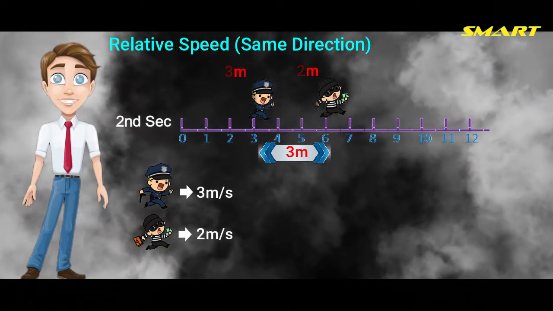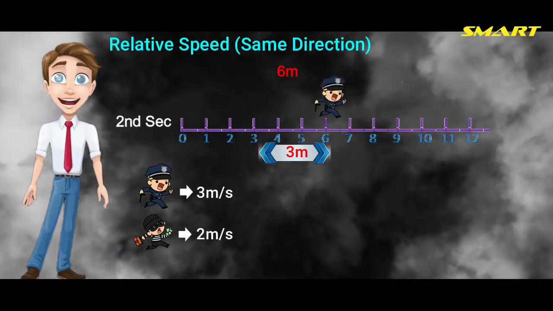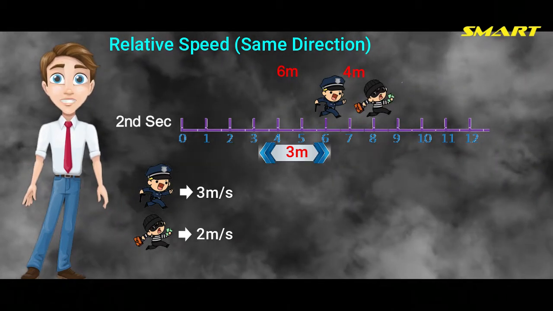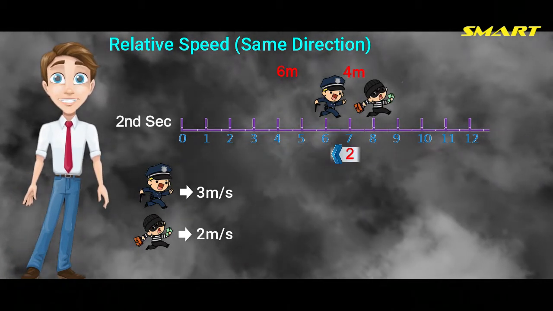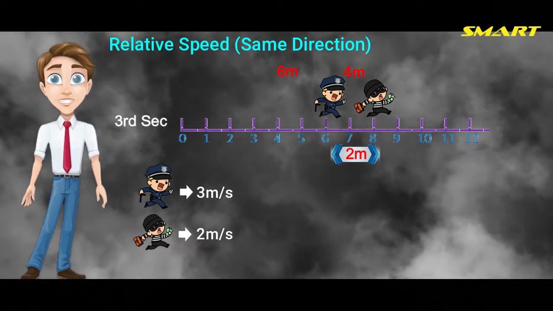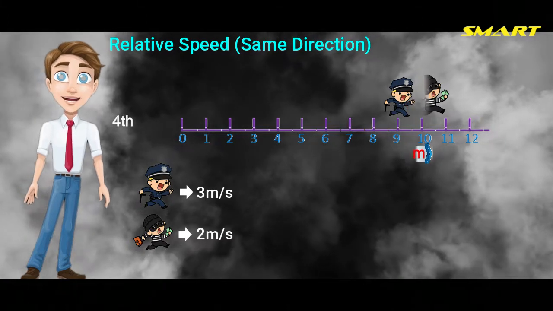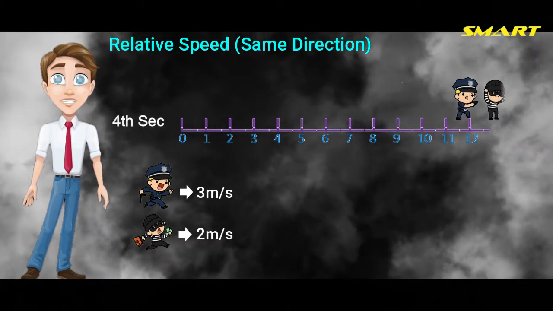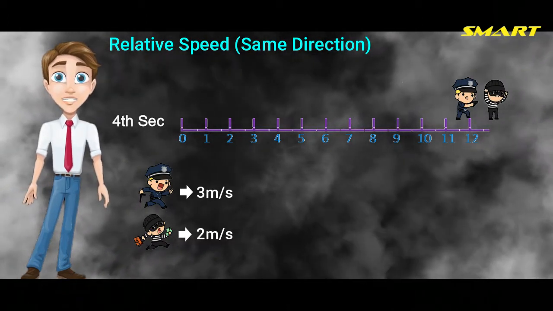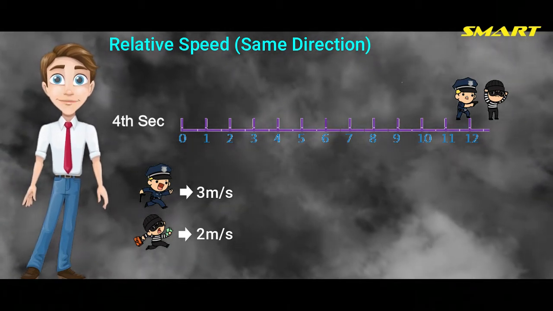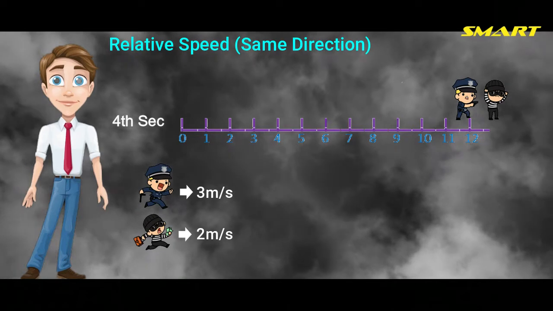In the second second, as a total, the policeman will cover 6 meters and the thief will cover 4 meters, and the distance between them will be only 2 meters. Like that, in the third second the distance between them will be 1 meter, and in the fourth second it will become 0, which means the policeman will catch the thief. So, we can say after 4 seconds, the policeman will catch the thief.